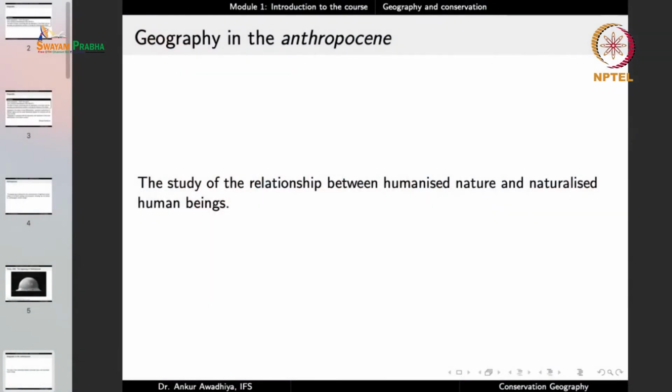And so when we study geography, a very big subtopic today concerns the varied impacts of humans on different areas of the planet. And so in the Anthropocene, geography is the study of the relationship between humanized nature and naturalized human beings.